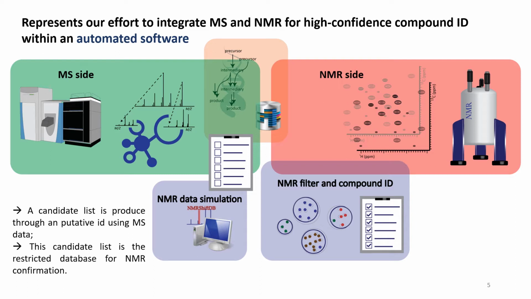From this view, we have mainly a mass spec side and an NMR side for experimental data acquisition, and one mid step to populate the candidate list that uses biosynthetic inferences for possible co-occurrence and similarity search from a structured database. The candidate list will then be the filtered database for the NMR compound identification, generating then accuracy or confidence in the results.